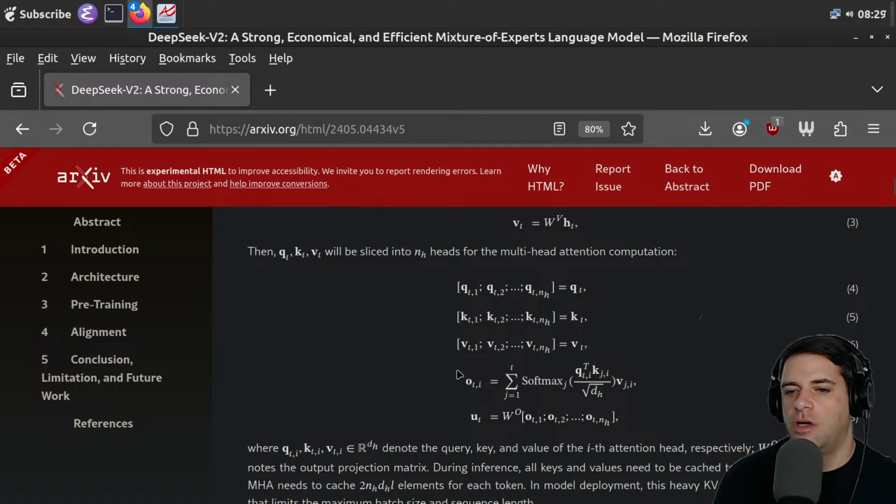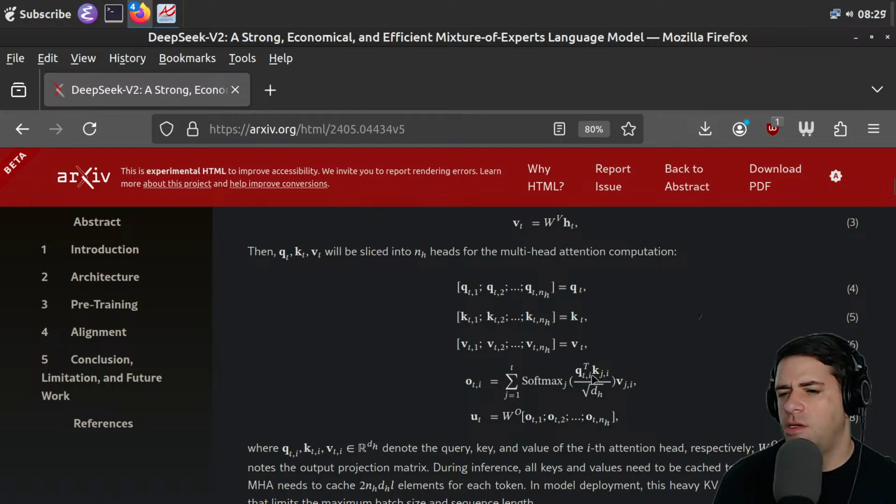And then they run this softmax where you take query t,i dot product it with k j,i. So we're running from j equals 1 to t, where t is the end of the iteration. I'm not really sure what i is doing. I think maybe i is just summing over this i, Einstein summation style.